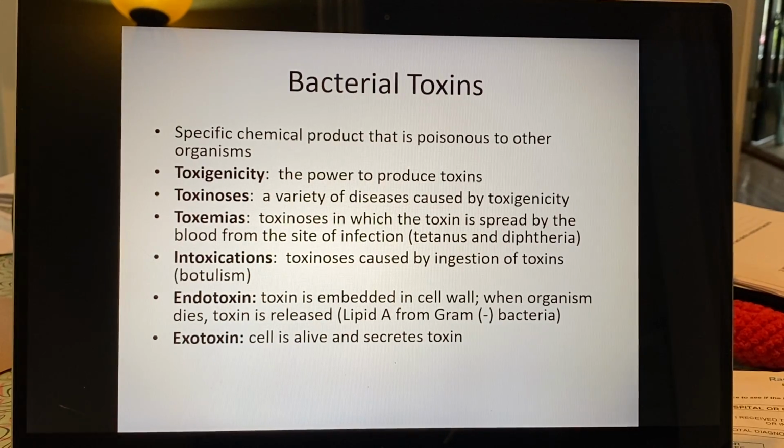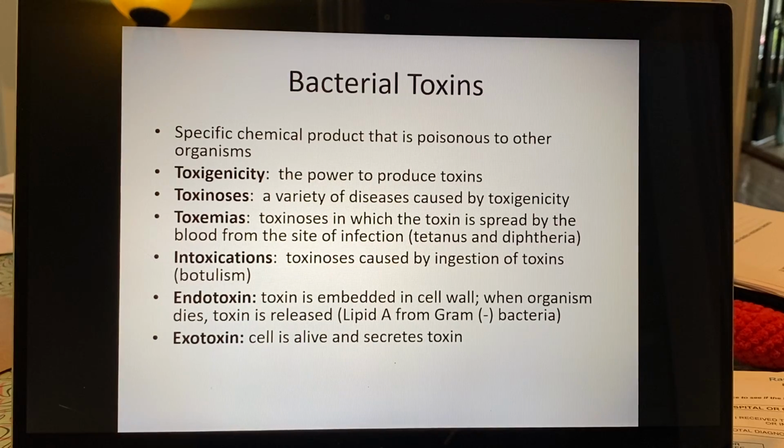if the disease is a toxemia, it means that the toxin is being spread by the blood from the site of the infection. So think, for example, you step on a rusty nail that happens to have the bacteria that causes tetanus, which is a toxin-producing bacteria. So the toxin is spread via the blood from the puncture wound from that nail.